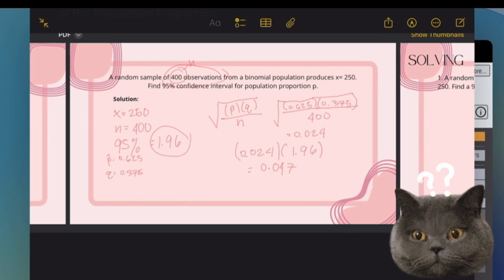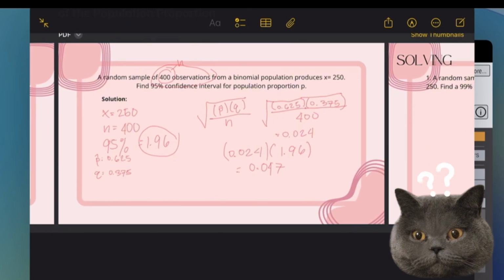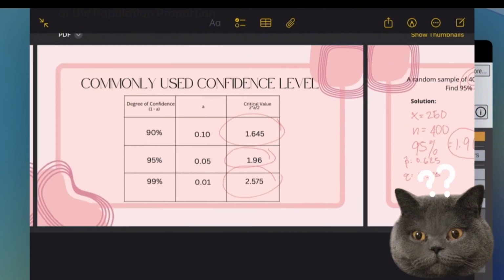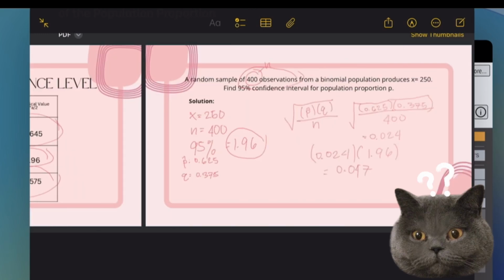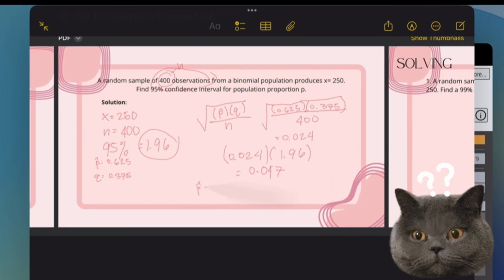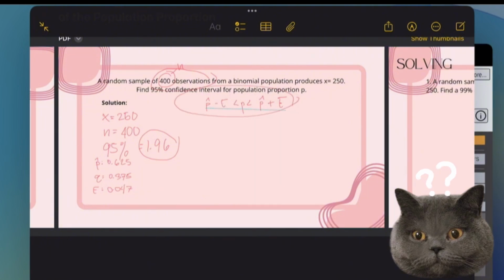Now, dahil meron na tayong margin of error, ilagay na natin siya. So, naalala niyo pa ba yung una nating formula? Sabay-sabay natin. So, our formula is P hat minus E, then P hat plus E. So, this is our formula na gagamitin natin.